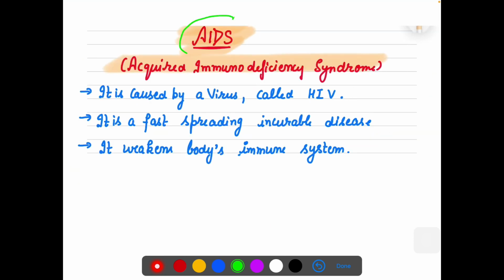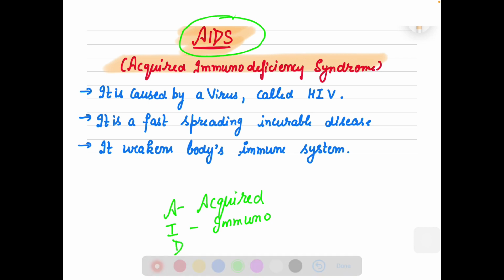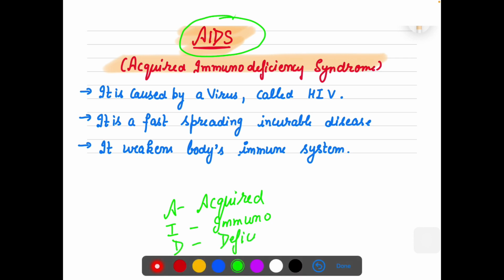What is the full form of AIDS? A for acquired, I for immuno, right? And D for deficiency, S for syndrome. So it is acquired immunodeficiency syndrome.